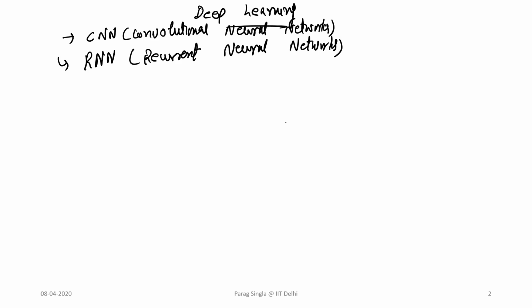And very broadly, in CNNs the primary operation is convolution, and originally they were proposed for data from vision or image domains.